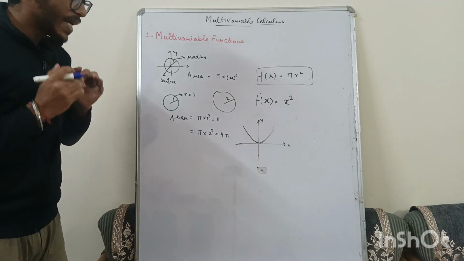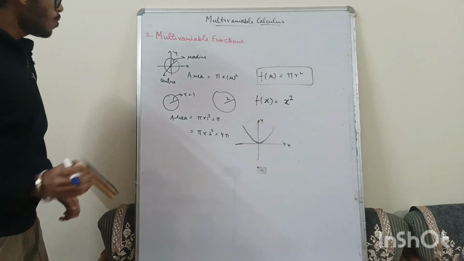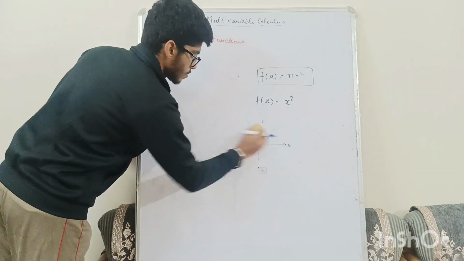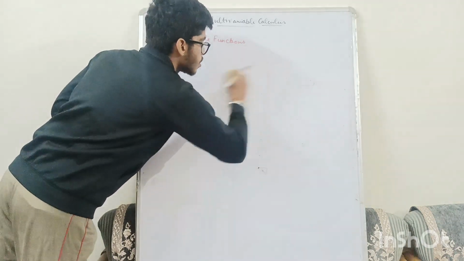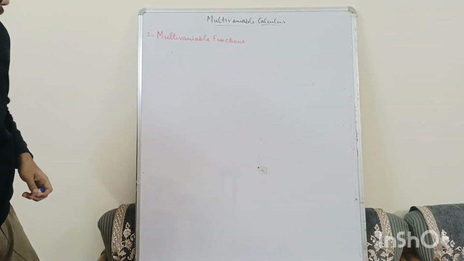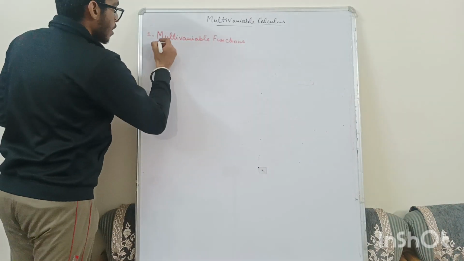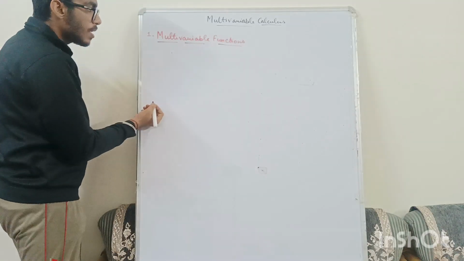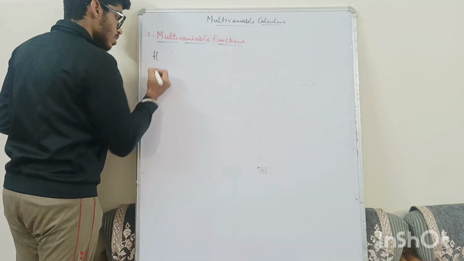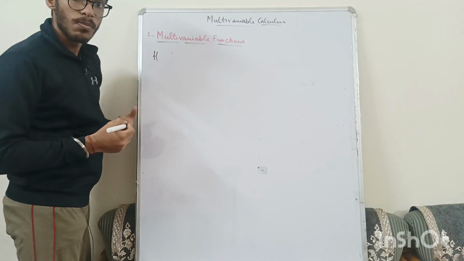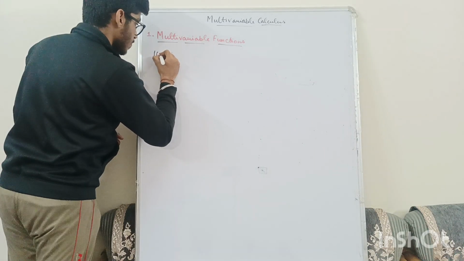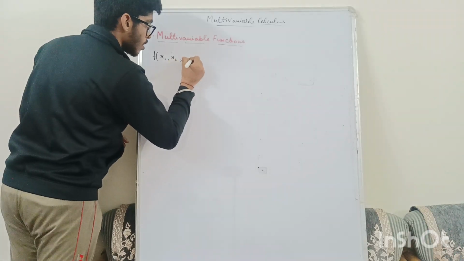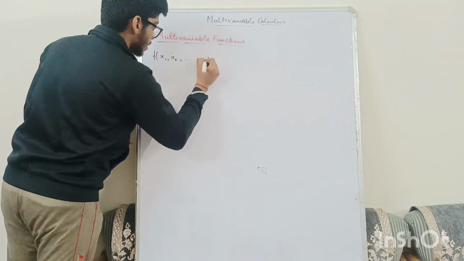So now we extend this idea to multivariable functions. Using the same idea, we talk about multivariable functions. So multivariable functions are functions which are dependent on more than one variable, like f of x1, x2, dash dash dash till xn.